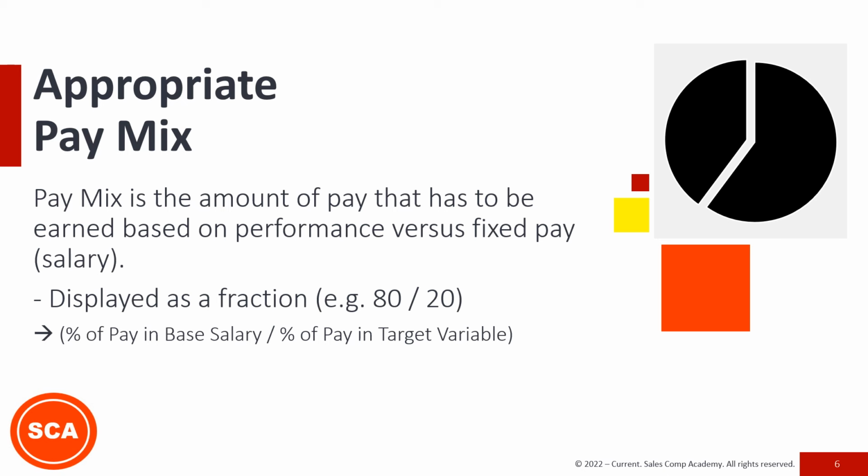If we apply the pay mix to the OTE from our prior example of 100,000, this means that out of the target pay of 100,000, 80,000 is paid as base salary and 20,000 is paid as target variable, meaning $20,000 is the amount that we will use to build the sales compensation plan. The employee has to earn this amount.